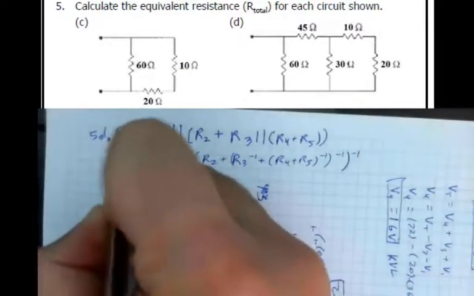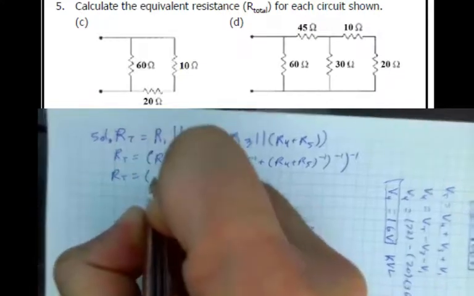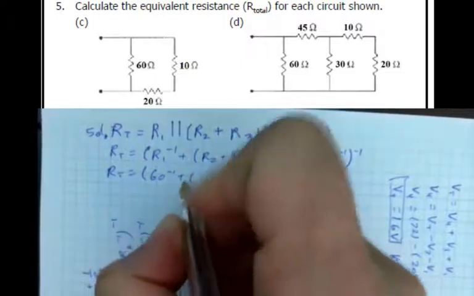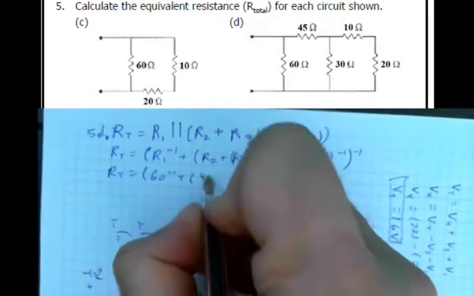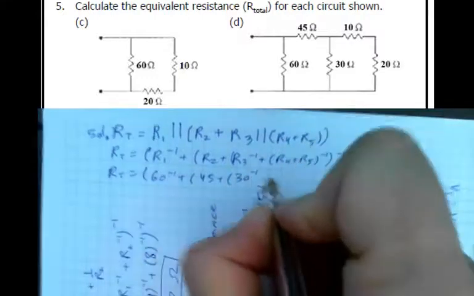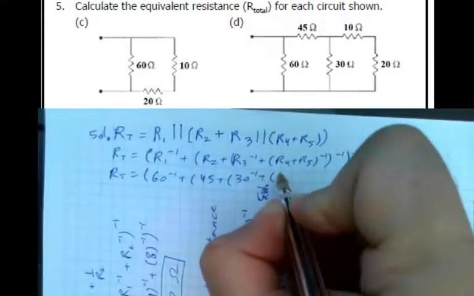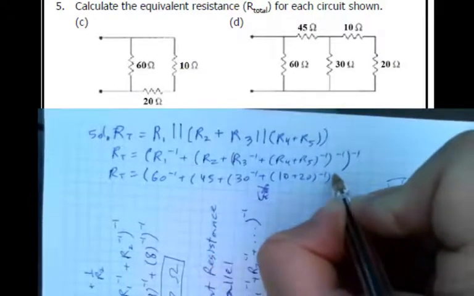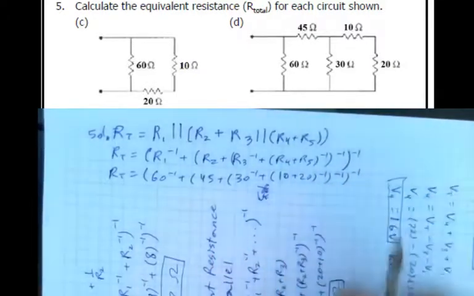So our RT, we are going to have 60 to the negative 1 plus R2, which is 45, plus R3, which is 30 to the negative 1, plus R4, 10 plus 20. This is to the negative 1, to the negative 1, to the negative 1.